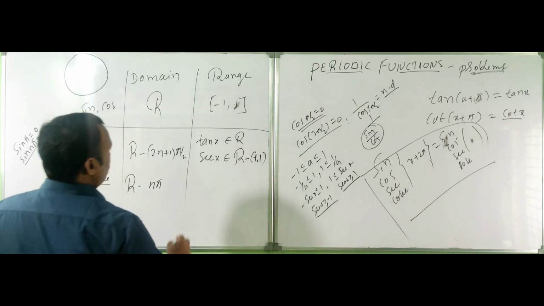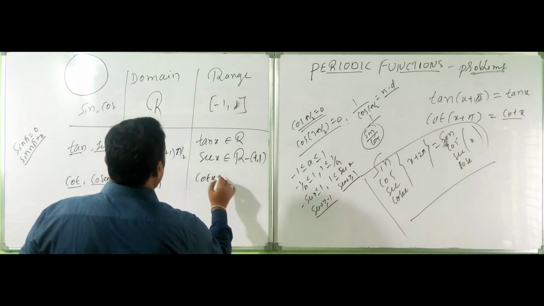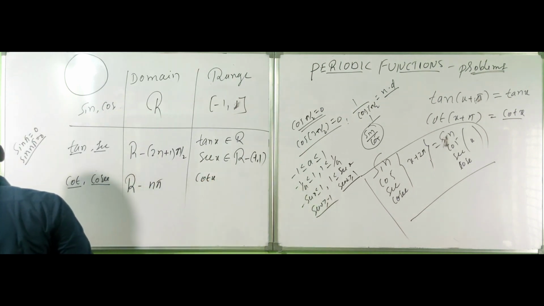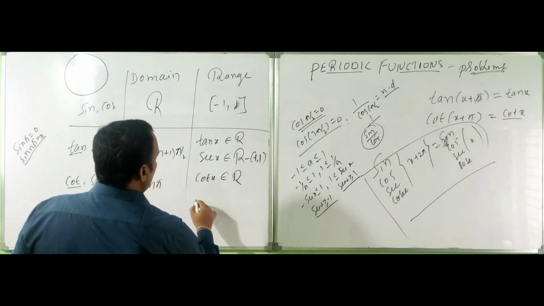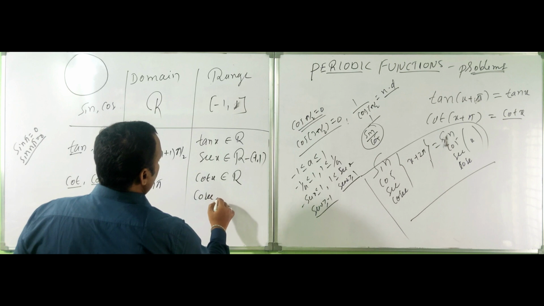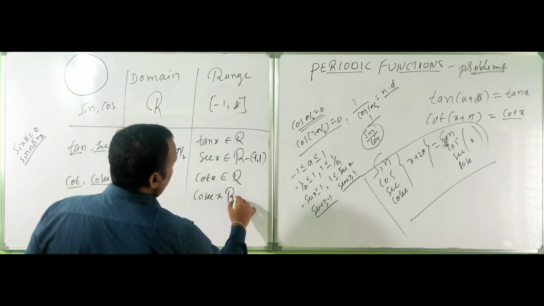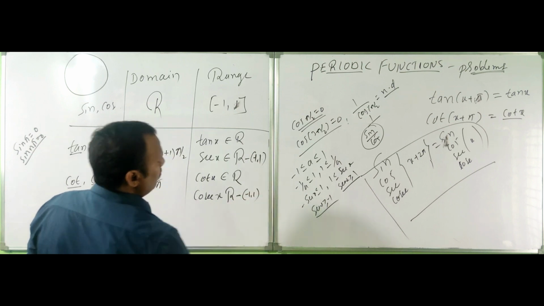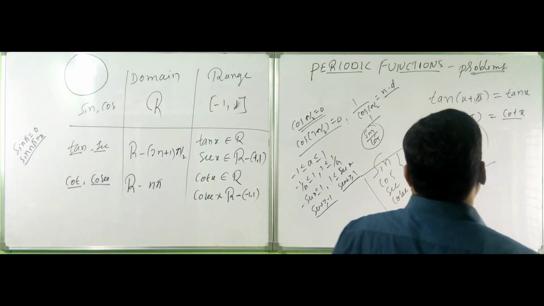Similarly, the range for cot x will be any value. For cosecant x, the range is outside of -1 to 1, so the exact values from -1 to 1 are excluded.